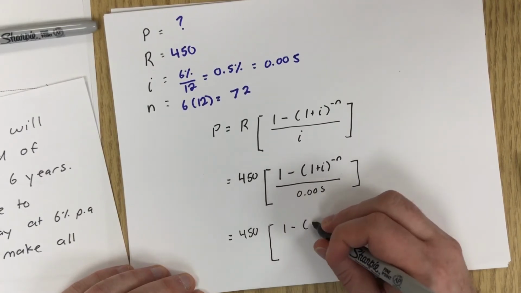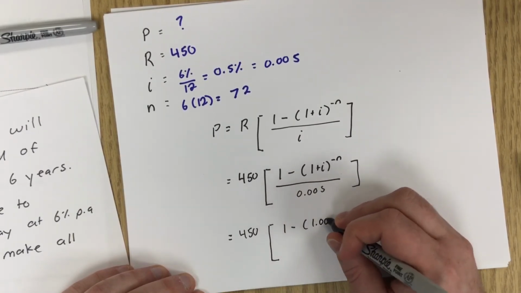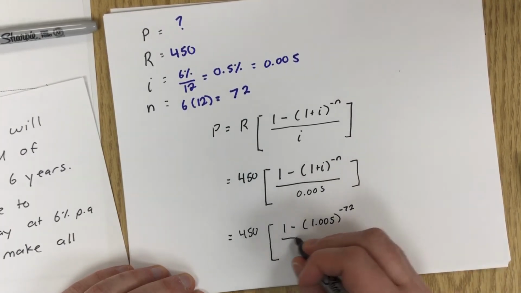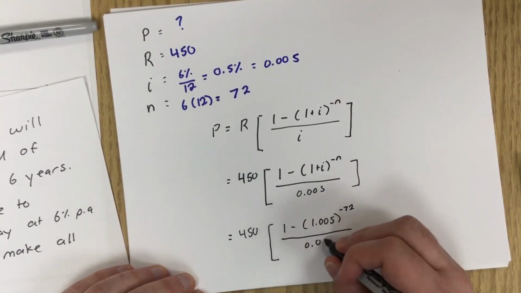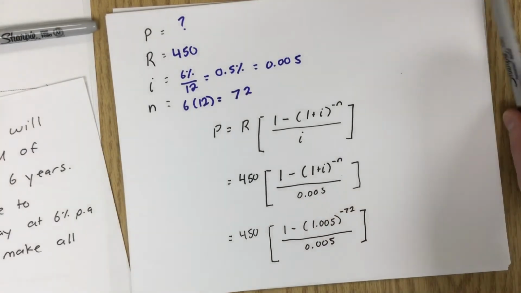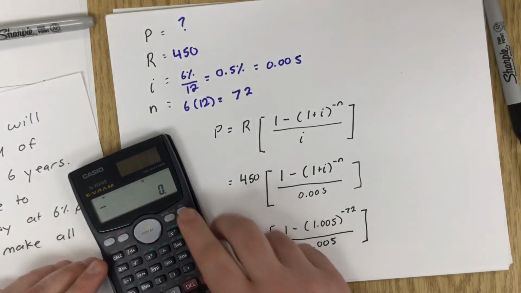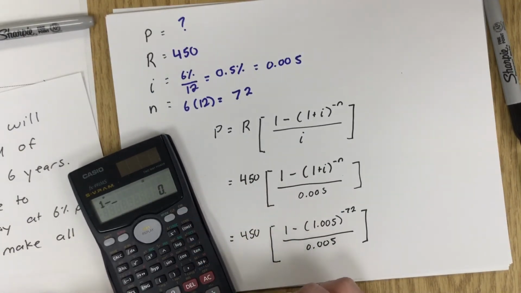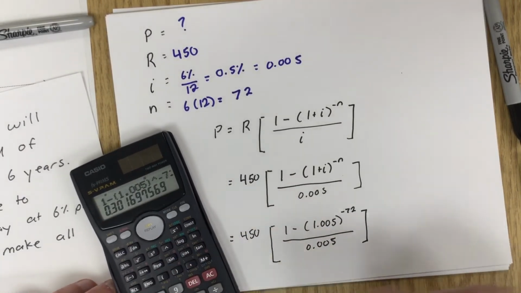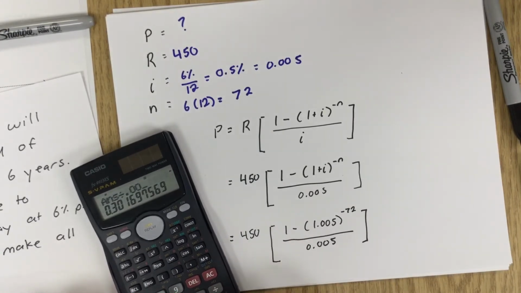1 minus 1.005 to the power of negative 72, all divided by 0.005. So 1 minus 1.005 to the power of negative 72 divided by 0.005.